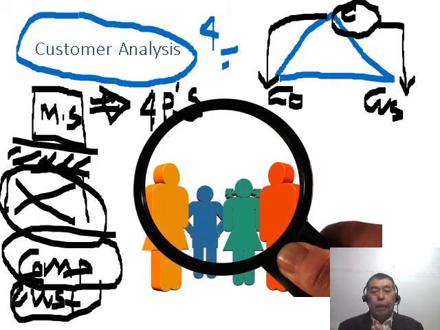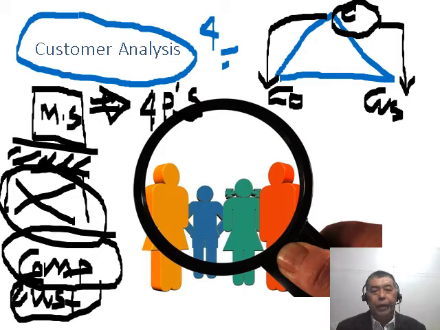Number 1, the product serves as a solution to the problem and concern of your customers. The price is the value they get in return for their money. The promotion serves as communication, and place is convenience.